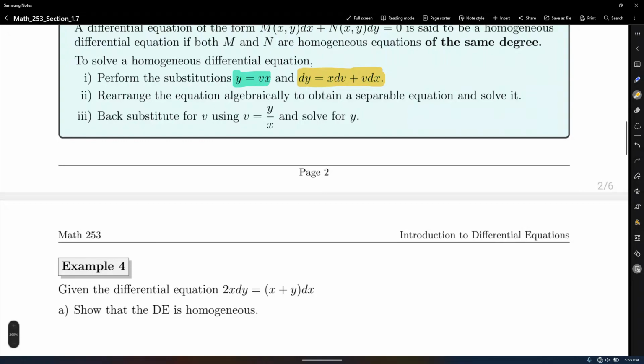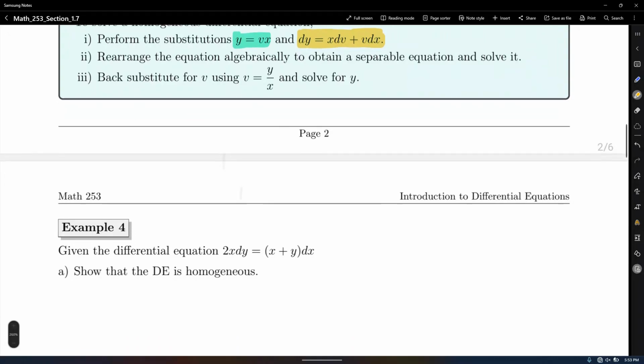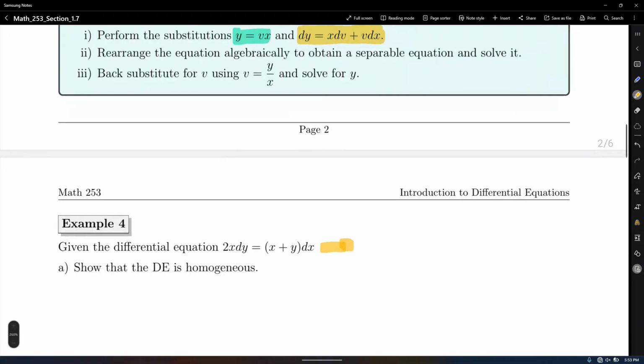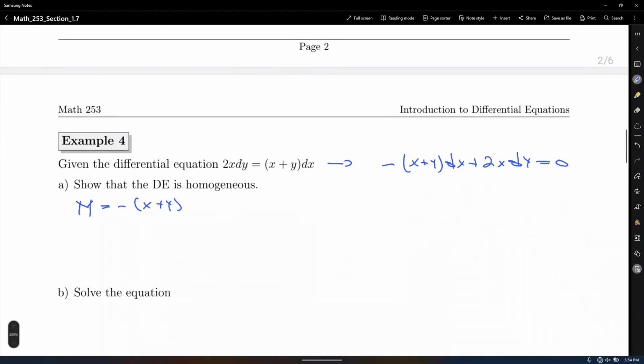All right? So, first, let's show this formally. Okay, let me rewrite the equation first in the form negative x plus y dx plus 2x dy equals 0. Okay, so m equals negative x plus y, and n equals 2x. All right?